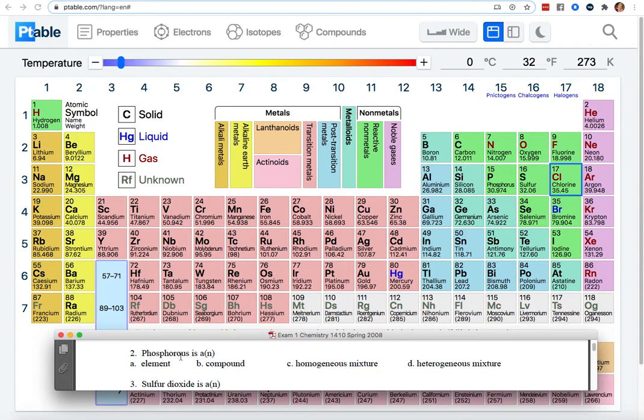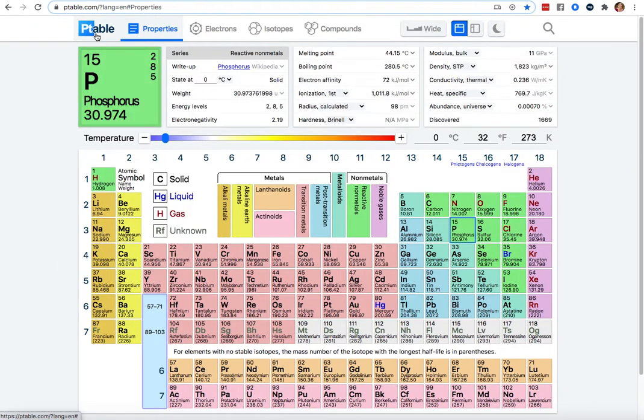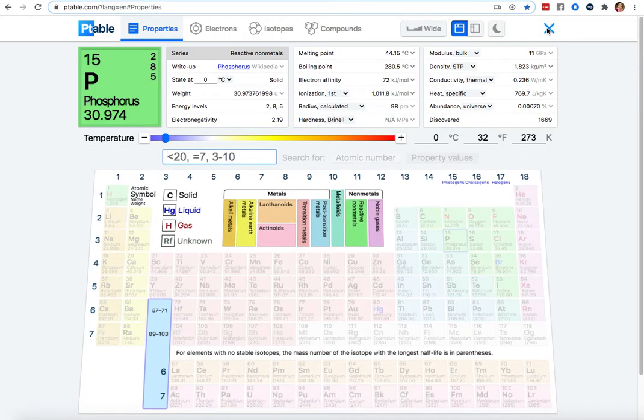Phosphorus is something that you can find its own square of on the periodic table. It's right here, atomic number 15, phosphorus. And if we go to properties, it just enlarges it for you so you can see this is the chemical symbol and that it's phosphorus. It's also possible with this one to turn on the search.